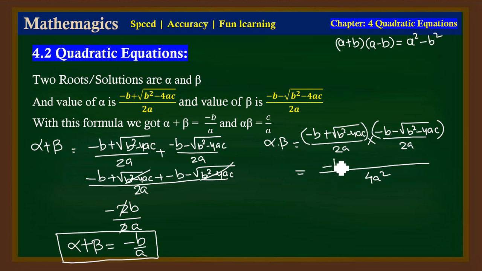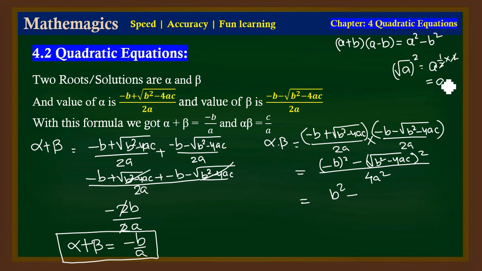That's why that is minus b whole square minus root of b square minus 4ac whole square. Now the next step: minus b whole square becomes b square, because minus into minus becomes plus, and b square stays b square. Now minus, dear friends, we know that root and square both get cancelled, because root a whole square is a to the power 1 by 2, and again whole to the power 2, so both the 2 and 2 get cancelled, and the answer becomes a.